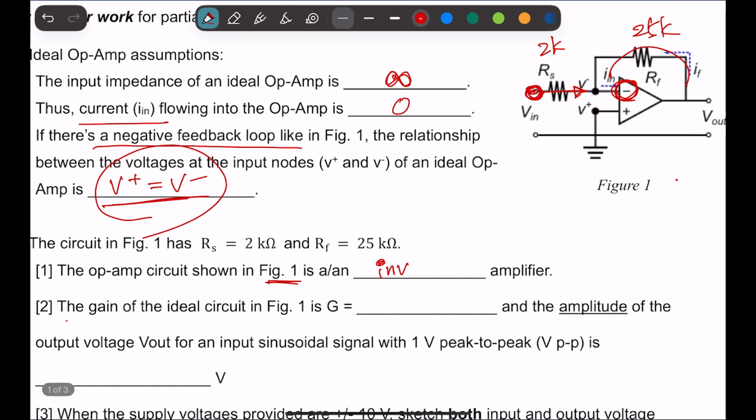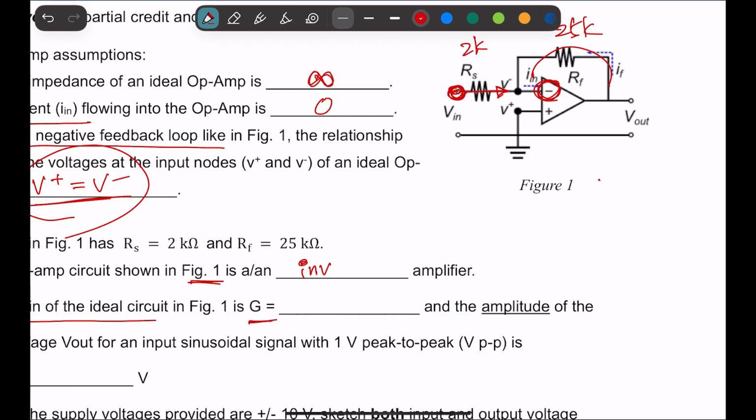And the gain of this ideal circuit is minus RF over RS for an inverting amplifier. So we have 25K over 2K, and K is basically 1,000. So K and K go away, so it's 25 over 2, which is minus 12.5, or even if you just write 12.5, that's all fine.